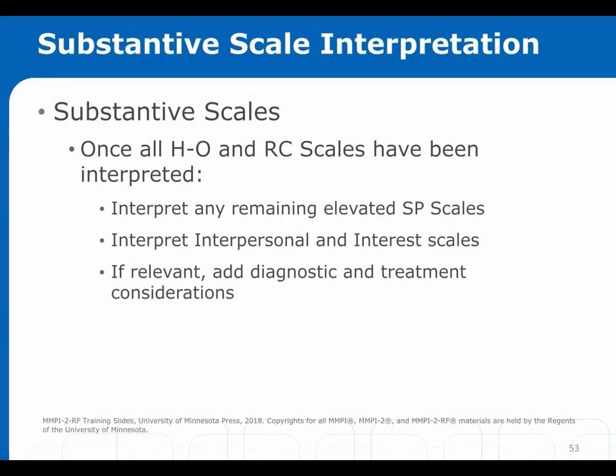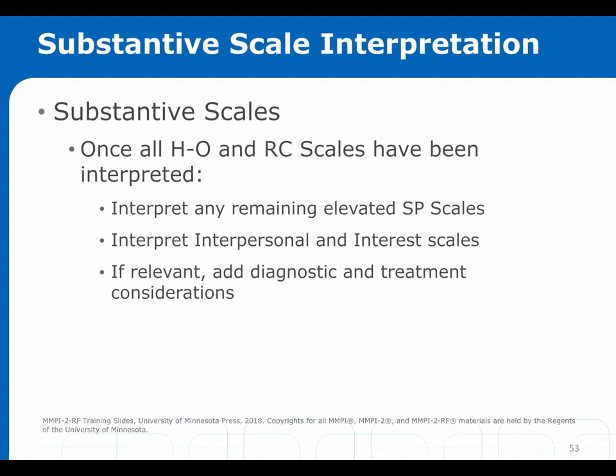And then to round out interpretation of the substantive scales, after you've gone through all of the domains where either a higher order scale or a RC scale was elevated, then you're going to want to interpret any remaining elevated specific problem scales and also interpret the interpersonal and interest scales.